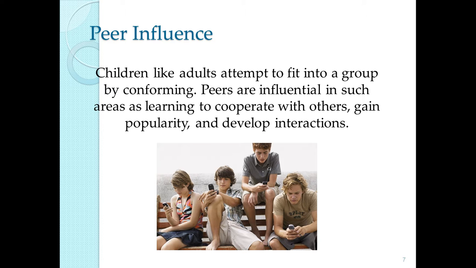Think about an evolutionary advantage for peer influence. They say peer pressure is a terrible thing. It makes you do bad things. Well, honestly, peer pressure isn't that bad, because what peer pressure does is it teaches you to interact with people your own age, and when you think about it, the people your own age are the people that you're more likely to mate with, have children with, and develop with.